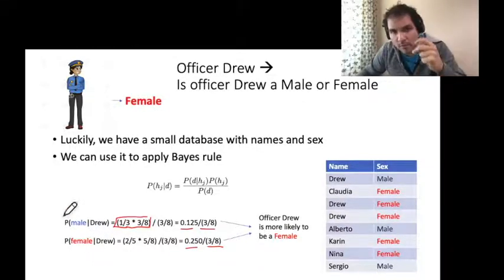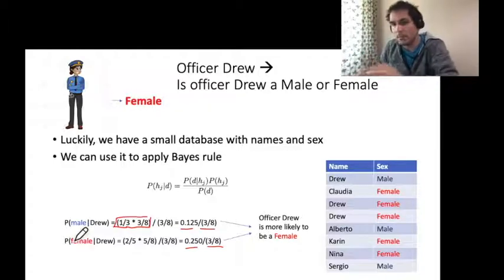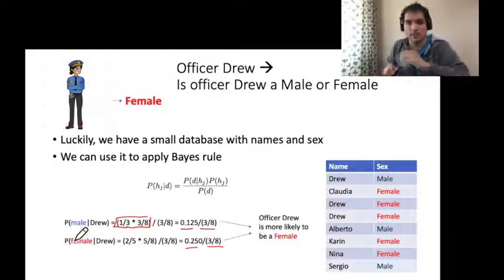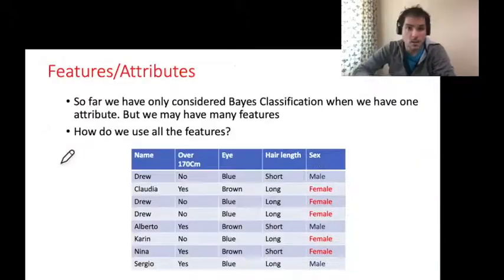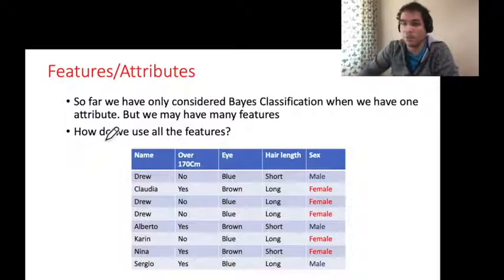In this case, we have two categories, male and female. But if in the future you have 100 categories for your problem, you will have to repeat the same process for each particular person or category that you have in order to get the final model. And so far we have only assumed that in my training set we only have one particular feature.